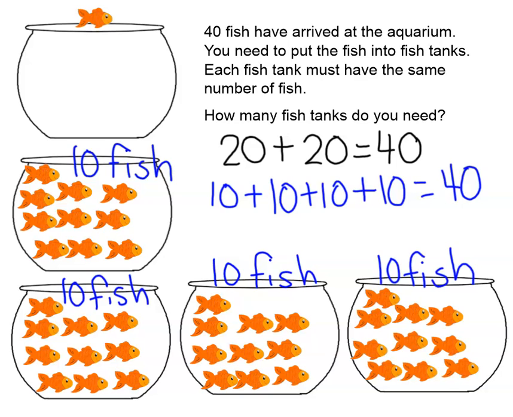So now let's think about our question. So in the first one, we had 20 in one tank and 20 in another one. So on this one, we needed 2 tanks.